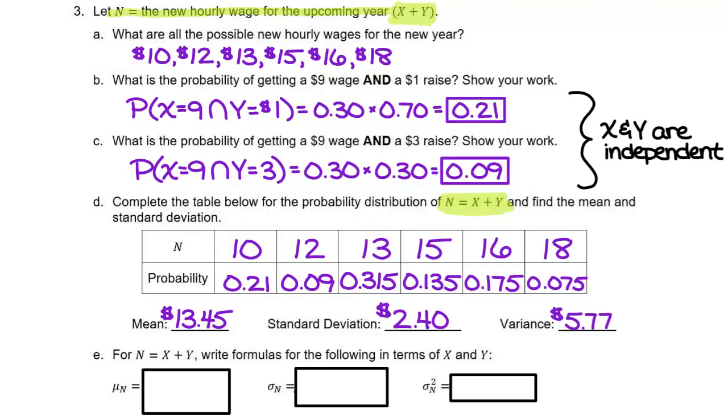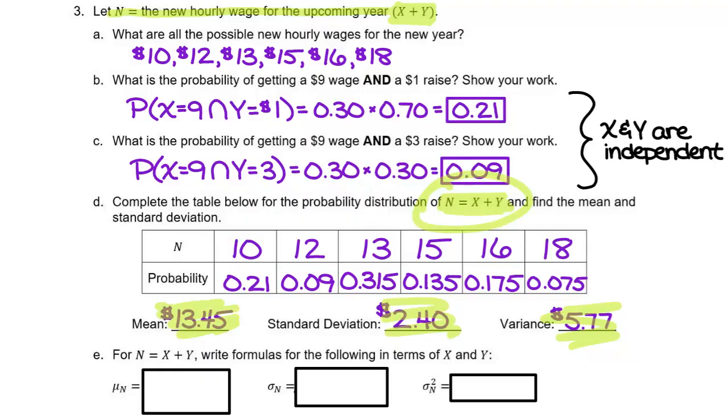I want you guys to spend a minute or two. I want you to look at the mean, look at the standard deviation, look at the variance, and I want you to figure out how you could get there based on the mean, standard deviation, and variance for x combined with the mean, standard deviation, and variance for y. Because our random variable n is x plus y.